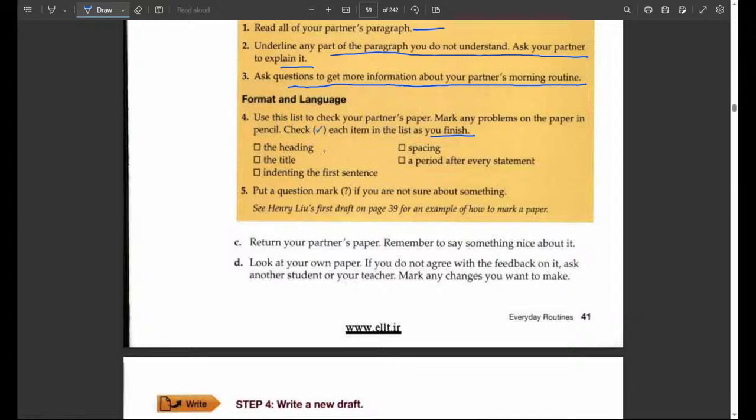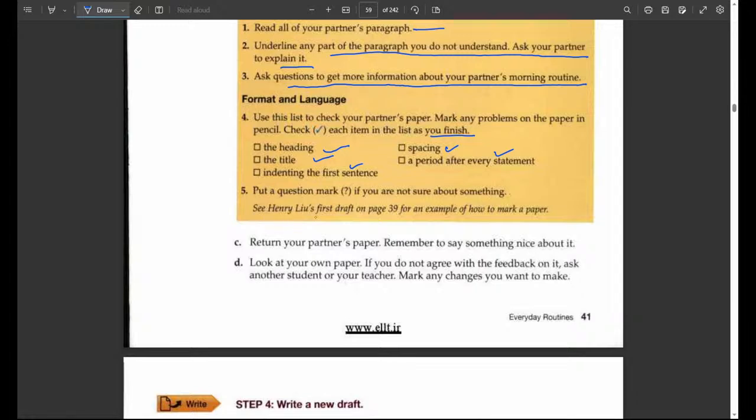So as you check which one has a problem, the title has a problem, the indenting has a problem, the spacing has a problem, the period after every statement. Put a question mark if you are not sure about something.